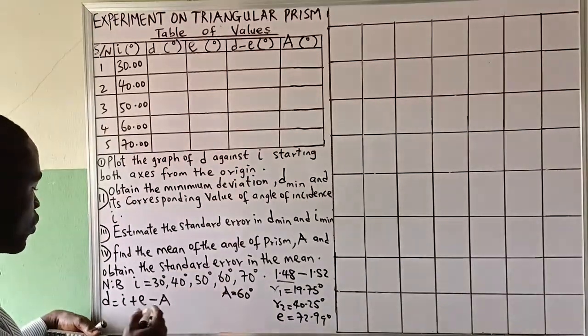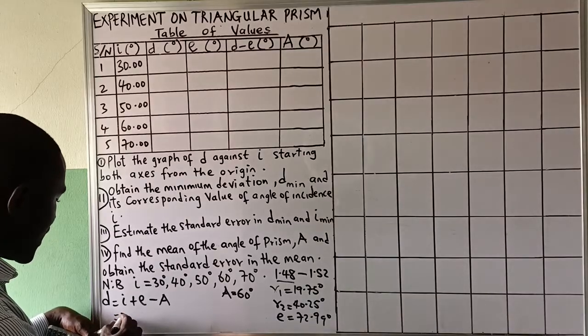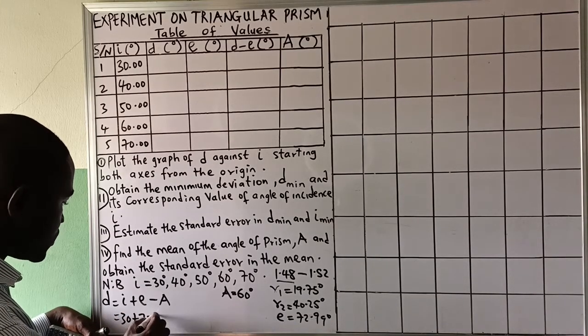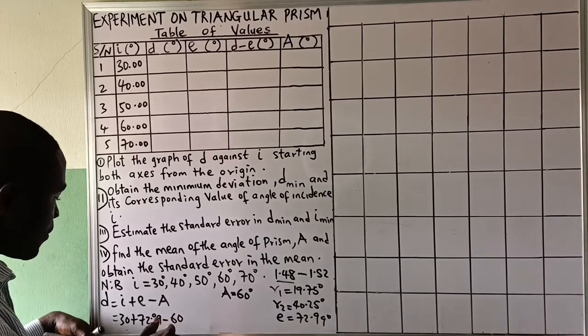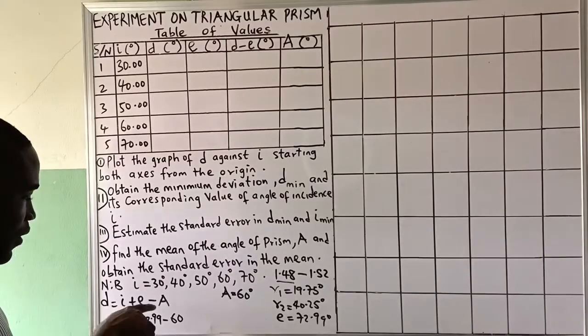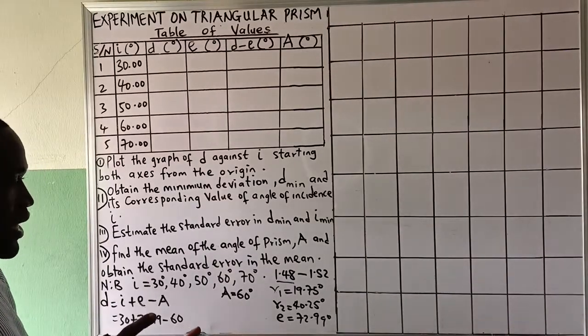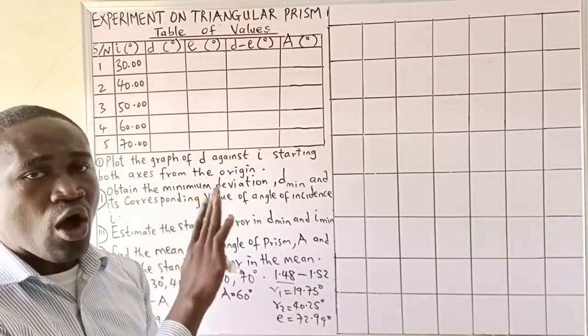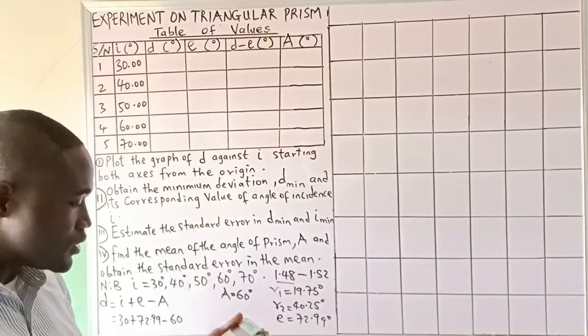So what we will do here is that we now say 30 plus 72.99 minus what? 60. We now use this formula because we derive it in that video. So try to watch the first part of this video to see all the formulas we derive and note it.